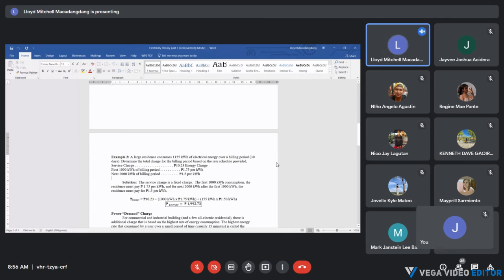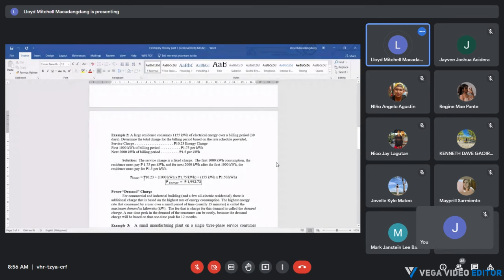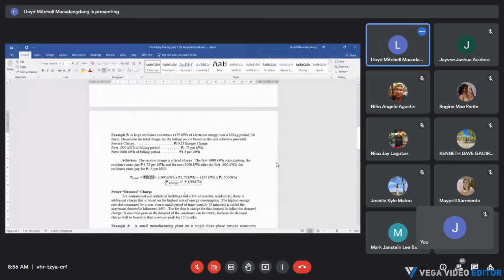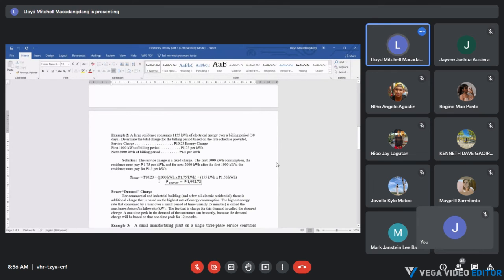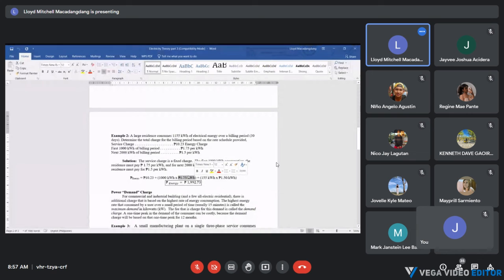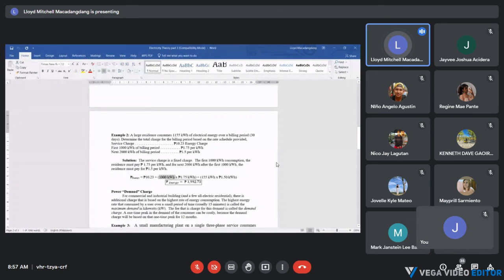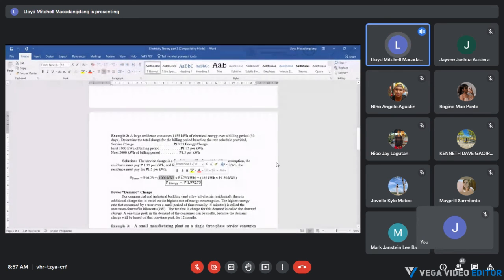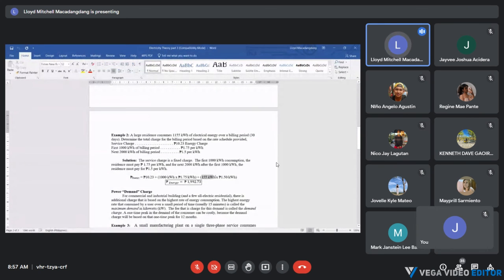So the total charge is the service charge of 10.23, plus the first 1,000 kilowatt hours multiplied by 1.75 per kilowatt hour, plus the next 155 kilowatt hours after the 1,000, multiplied by 1.5 per kilowatt hour.